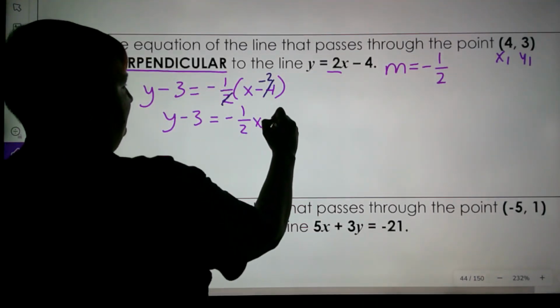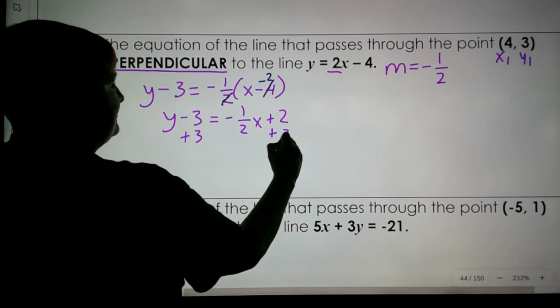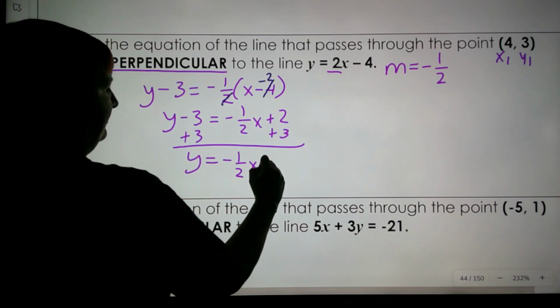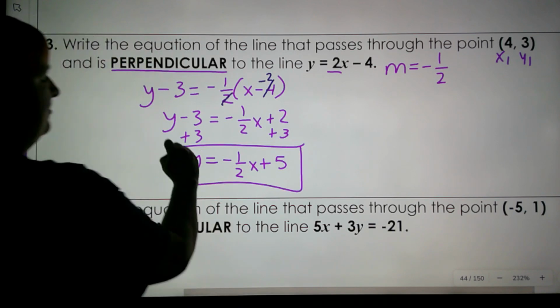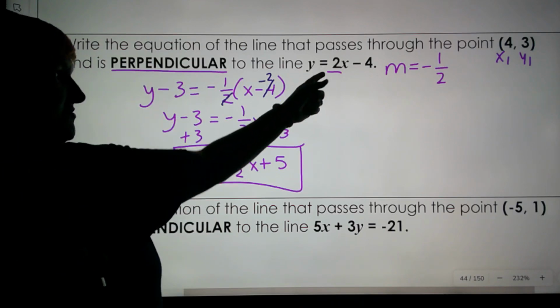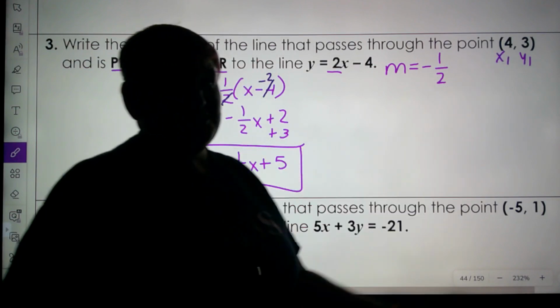Negative 1 times negative 2 is positive 2. Add 3 to both sides. y equals negative 1/2 x plus 5. We just created a new equation that's perpendicular and crosses that point.